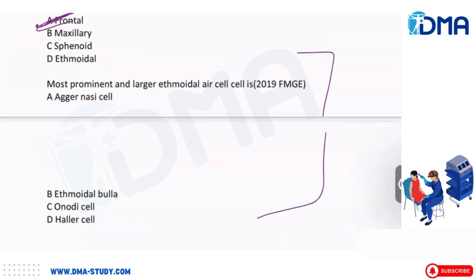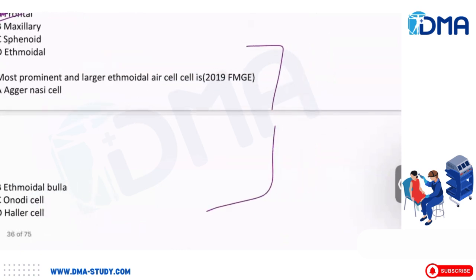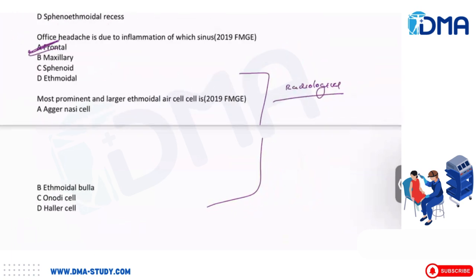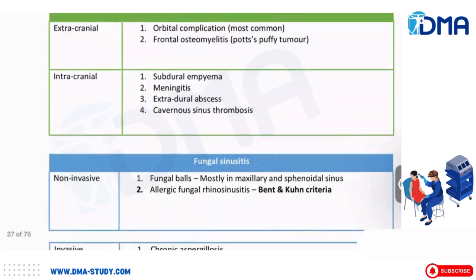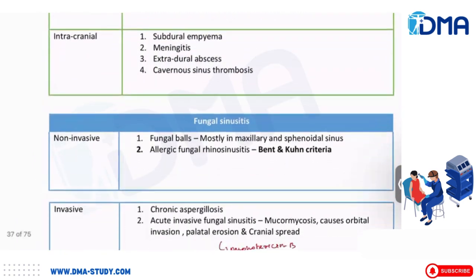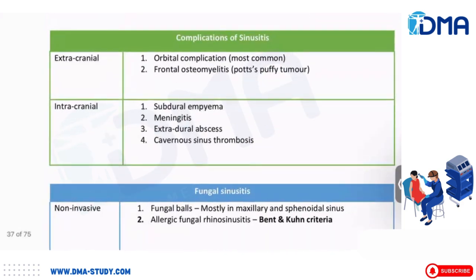I have given you a lot of radiological images. Okay, we'll discuss while discussing the radiological images. At the end I will tell you. Now, if I don't treat my sinusitis, if I leave it as it is, what will happen? The most common extracranial complications are orbital complications.